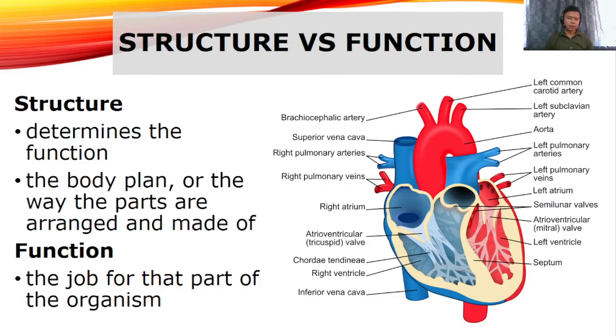Just like the heart, as shown here in our illustration, the heart is made up of muscle tissues and several blood vessels as well, which allow it to pump blood all throughout the body. So the structure is designed to function in pumping blood all throughout the body.